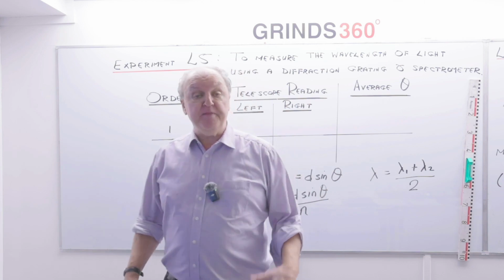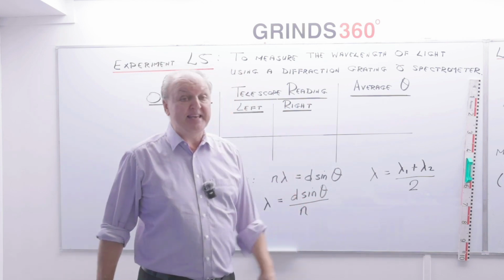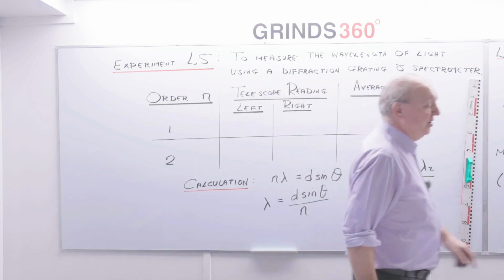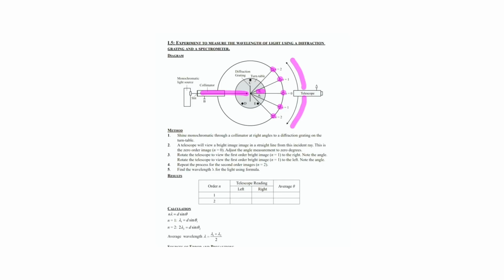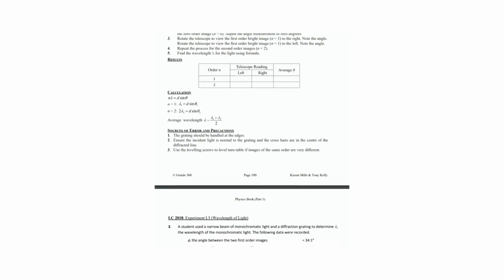Look, the best way to explain this, of course, as usual, is to do a leaving cert question. So let's get the leaving cert question, which is on the next pages in your notes. So if I scroll down in our notes, I've got a nice leaving cert question, leaving cert 2018, experiment L5.